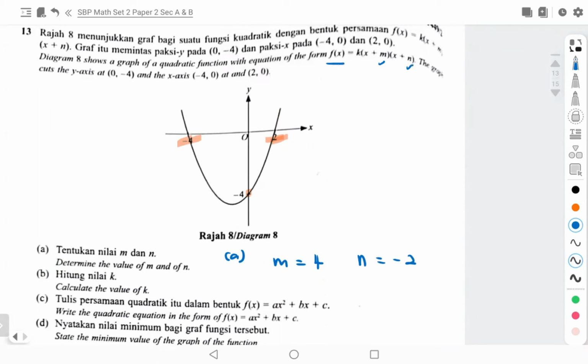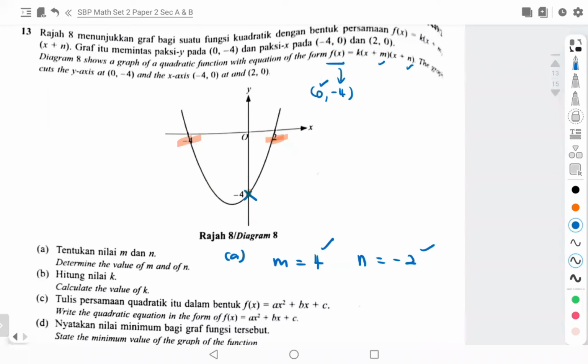f(x) is actually equal to the y coordinate. So let's take the coordinate (0, -4), so f(x) refers to -4. Since you have the values of m and n ready, you can also substitute the value of x and find back the value of k.